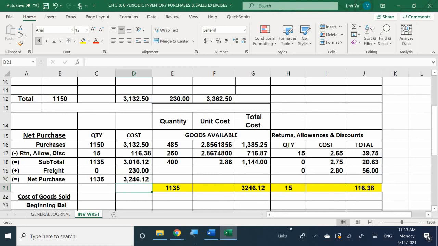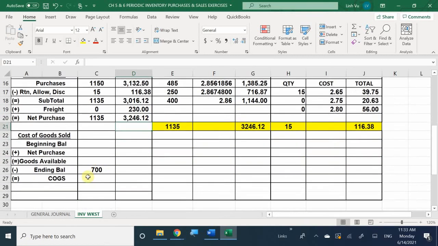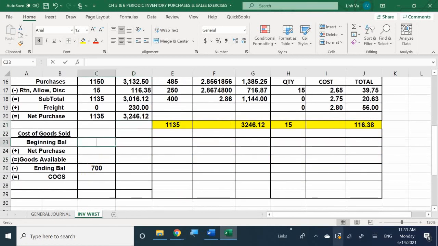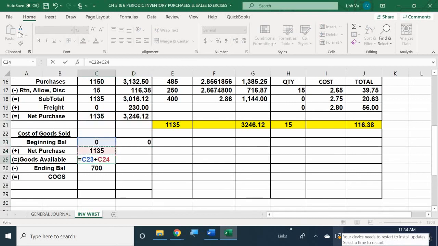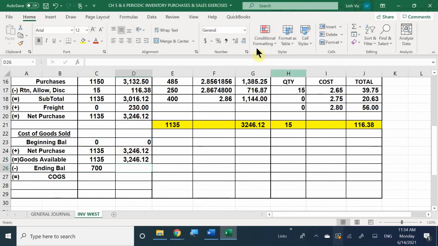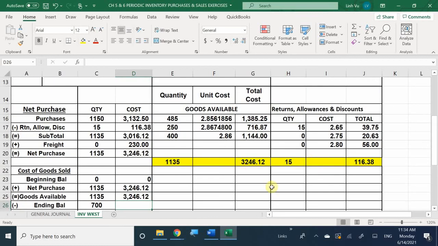Perfect, and that's exactly the same as my goods available, because we don't have beginning inventory. And because we don't have beginning inventory and we carry down our net purchases, my net purchases is going to be equal to my goods available. Okay, and that's exactly what we have above, right here in the yellow under goods available: 1135 mugs at a total of 3,246 and 12 cents.